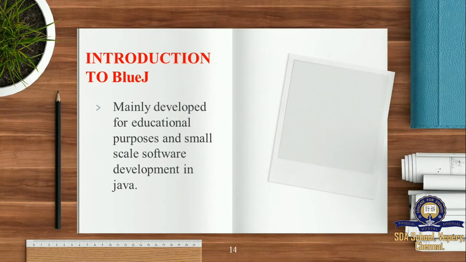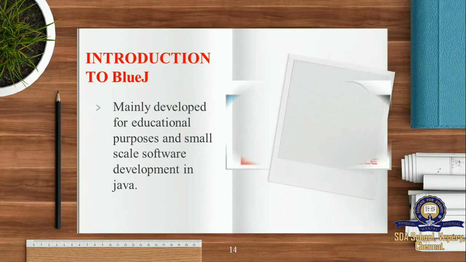It is very easy for beginners, suitable for beginners like you students. You can also use the predefined statements given in the BlueJ text editor and write code according to your needs.